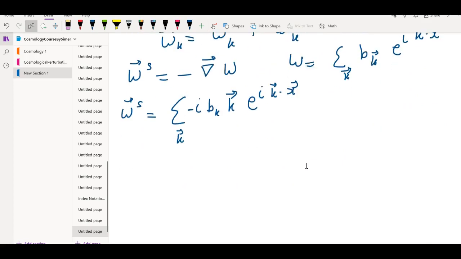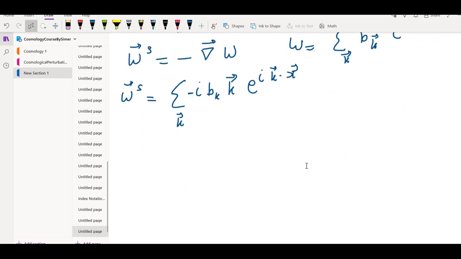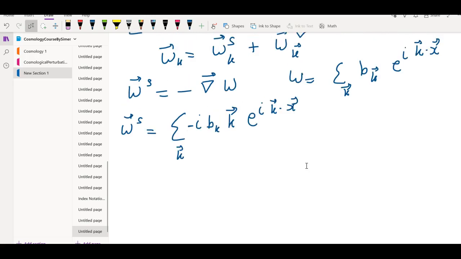So when we take the gradient of this, this is W scalar.